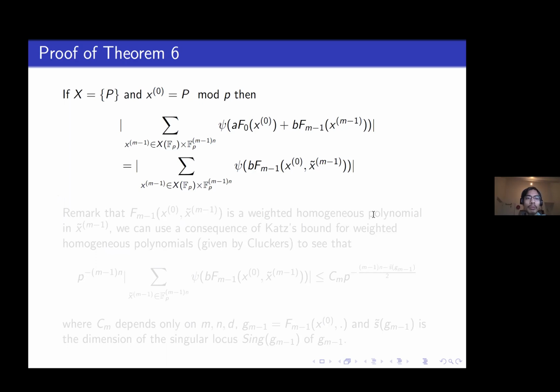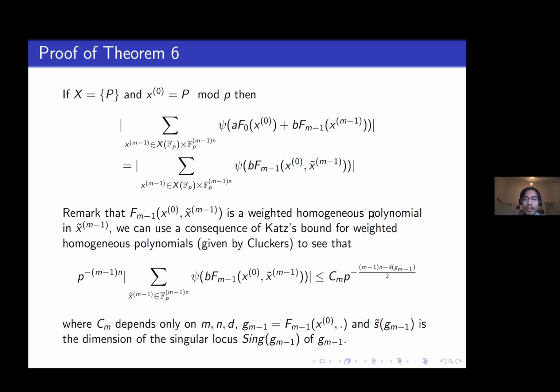We know that if x_0 equal p mod p, then we can rewrite the absolute value of this exponential sum associated with a f_0 plus b f_{m-1} by the exponential sum associated with the polynomial b f_{m-1}. And here we use the remark that the polynomial f_{m-1} is a weighted homogeneous polynomial in x tilde_{m-1}.